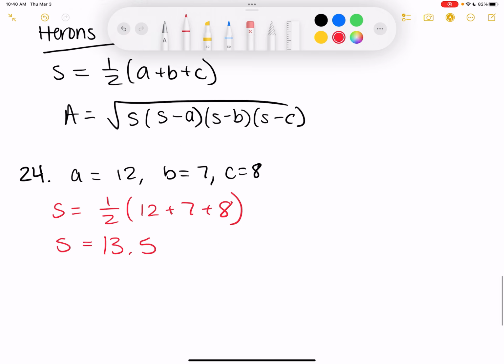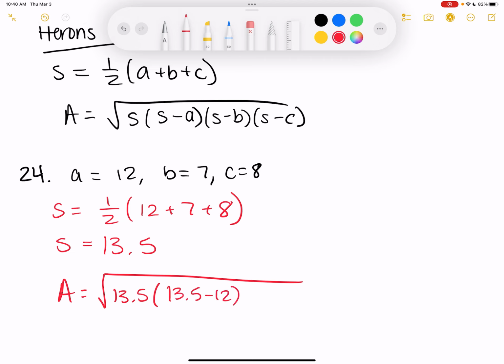All right, so then putting it in the formula, area is equal to the square root of 13.5 times (13.5 minus 12) times (13.5 minus 7) times (13.5 minus 8).